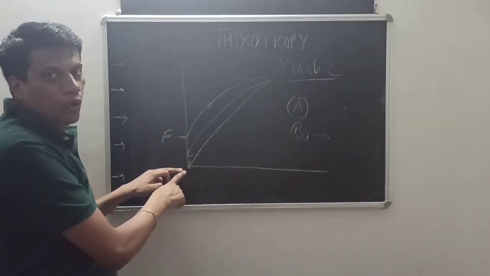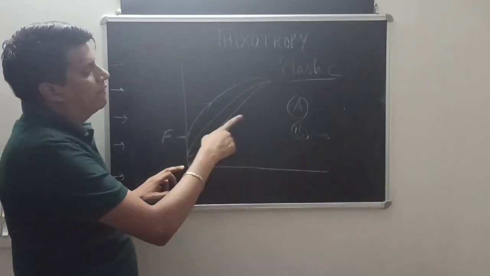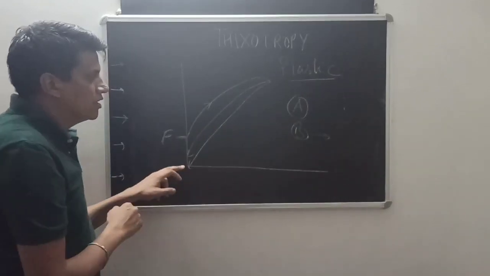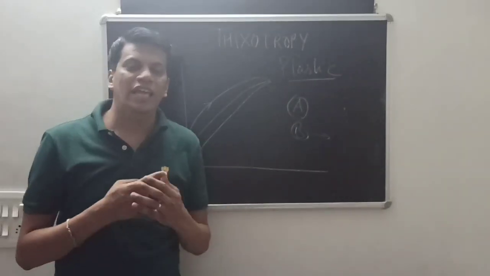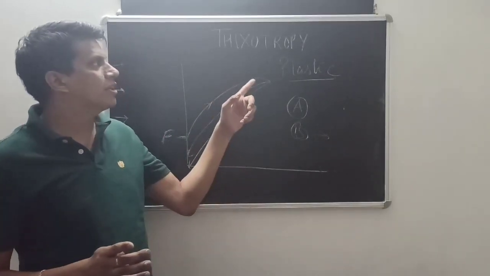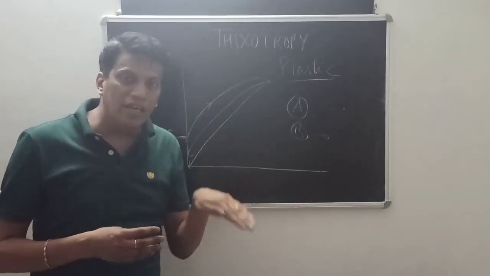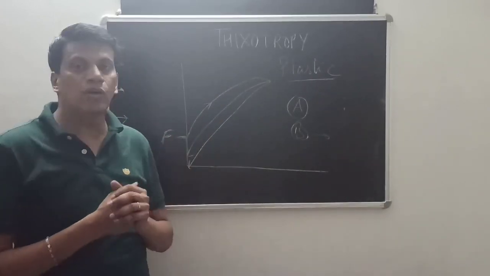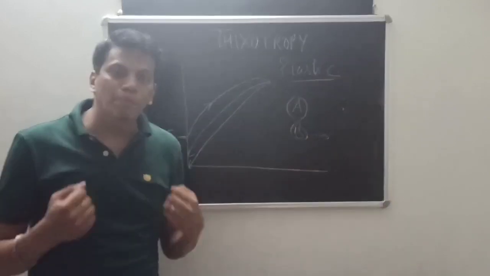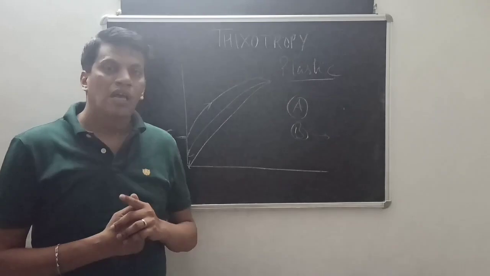This means there is no yield value. So after this, the material starts behaving as a pseudoplastic material. So three cases may be there, A, B and C. In A, there is no change in yield value of the plastic material showing thixotropic behavior, or there will be a decrease in yield value, or there will be complete loss of yield value in the case of plastic materials.